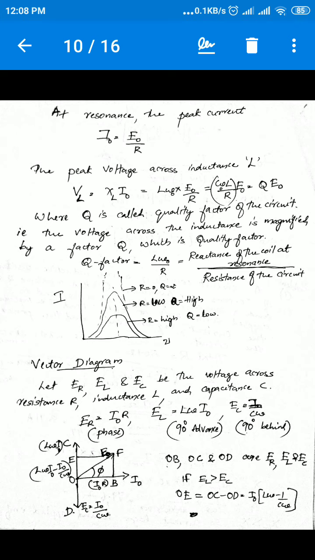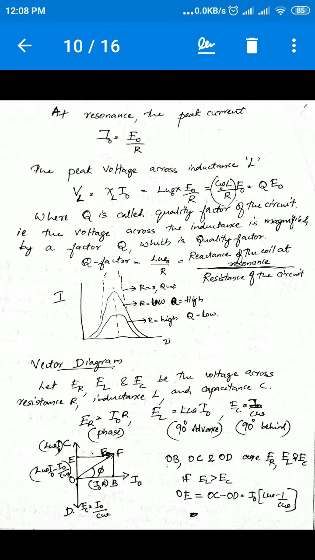So L omega 0 into the current I0, which is E0 by R. So the maximum current I0, which is E0 by R, into L omega 0. That means the voltage across the inductor is L omega 0 by R times the maximum voltage E0.